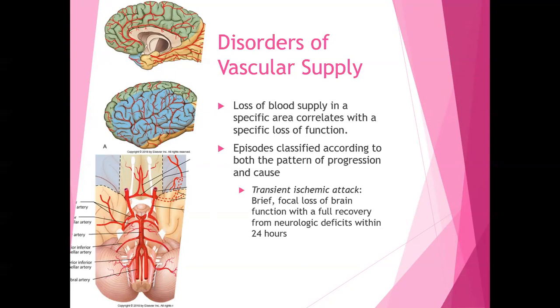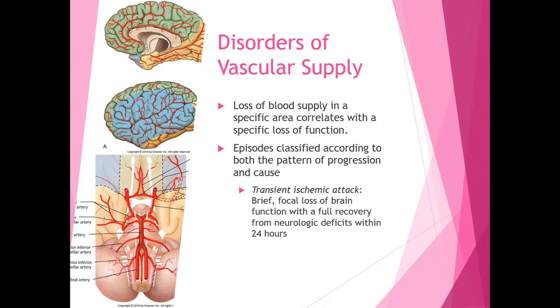Episodes of brain ischemia, or any kind of CVA, are classified by the pattern of progression and the cause. So a transient ischemic attack is a brief focal loss of brain function with full recovery from neurological deficits within 24 hours. If you look at the name TIA, transient means it's brief and then it goes away.